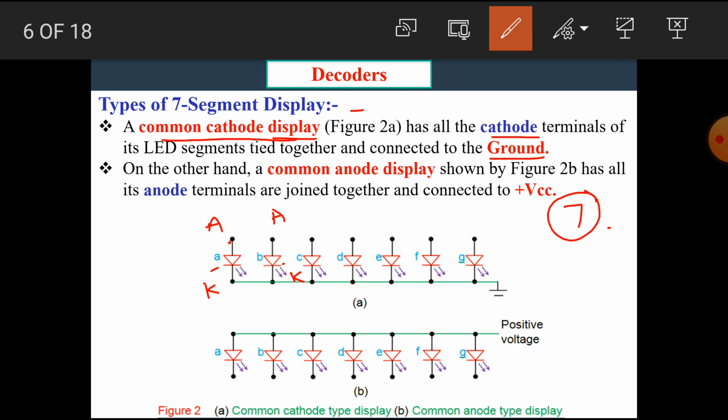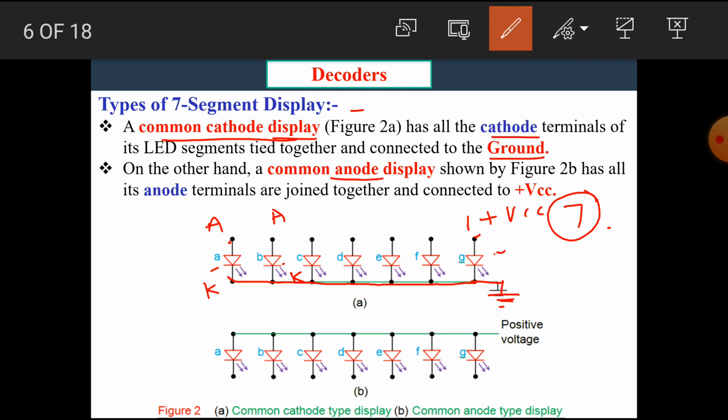In common cathode display, all the cathode terminals are connected to each other and given to the ground. That means we have already provided ground to these LEDs. And if you want to turn on the LED of G, then we have to provide the plus VCC. That means we have to provide 1 to this G. I hope you all understand here.